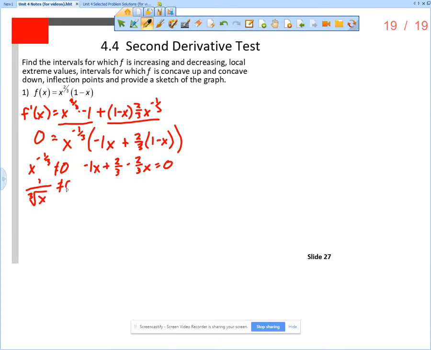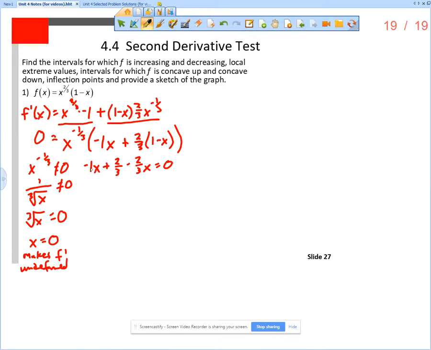Of course, that can't equal 0, but if the cube root of x equals 0, then this function, f prime, would be undefined. So I cube both sides, I get that x equals 0. Make yourself a note here: x equals 0 makes f prime undefined. All right, so that's good.